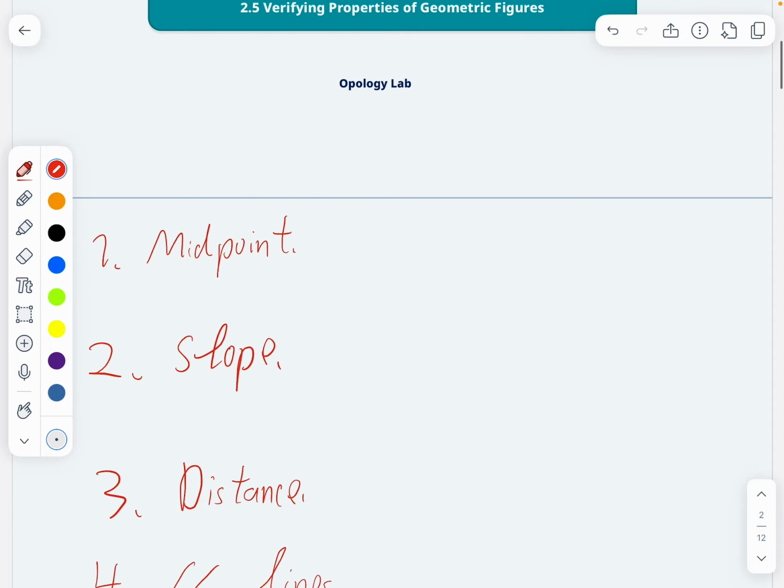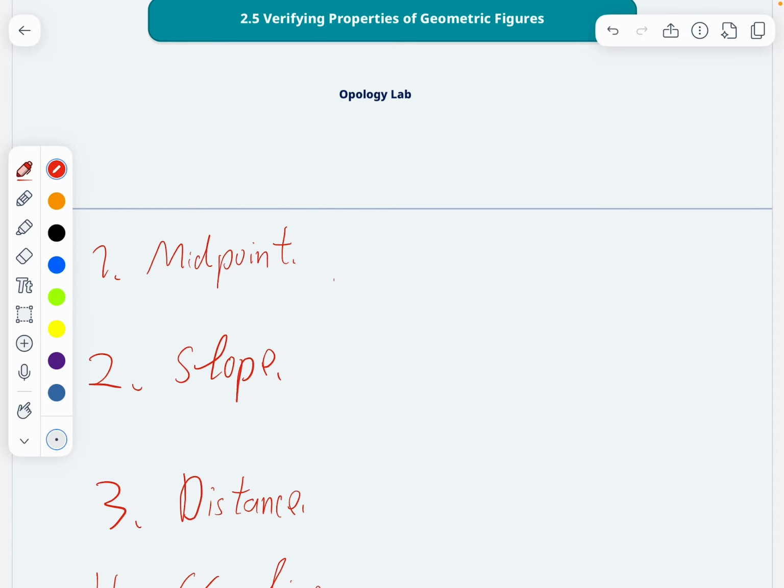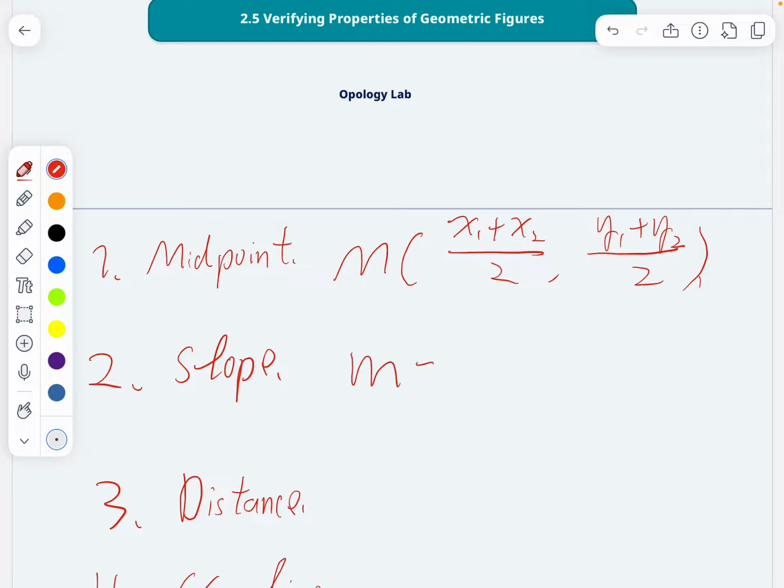For the midpoint, M is x1 plus x2 over 2, and for the y value, y1 plus y2 over 2. For the slope, it is y2 minus y1 over x2 minus x1.